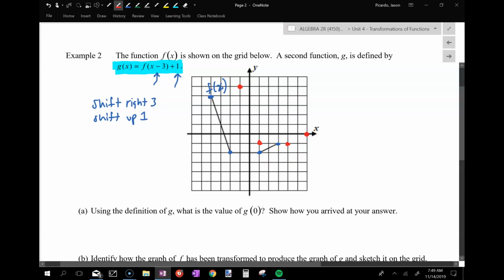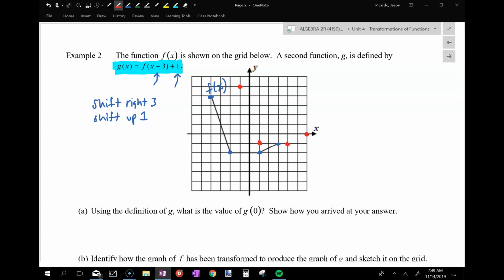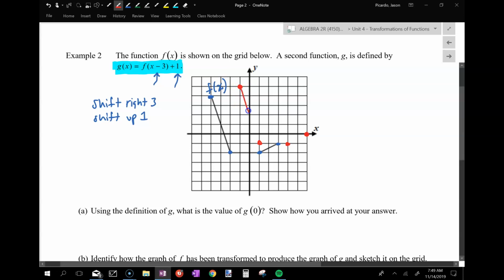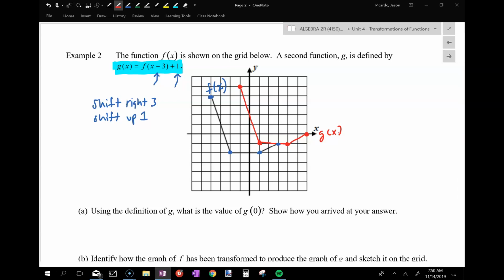There are those 4 points after they've been shifted. And then just play connect the dots. And that is my graph of g of x.